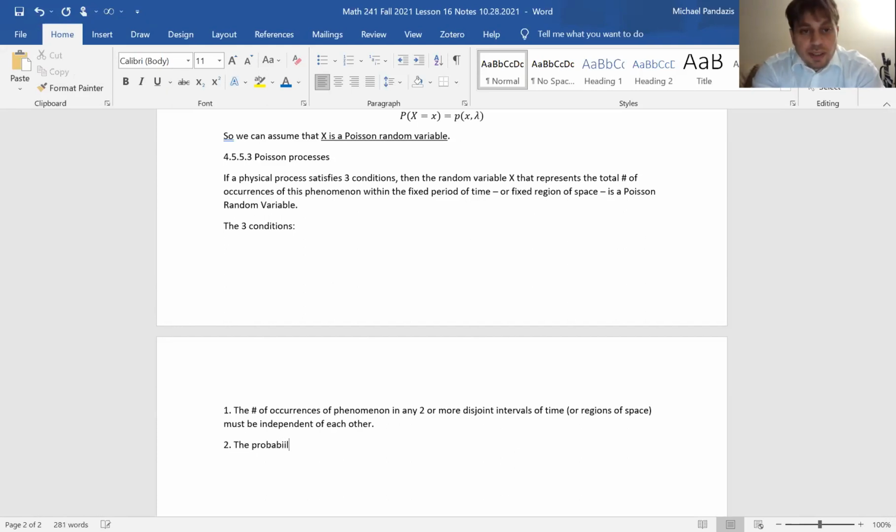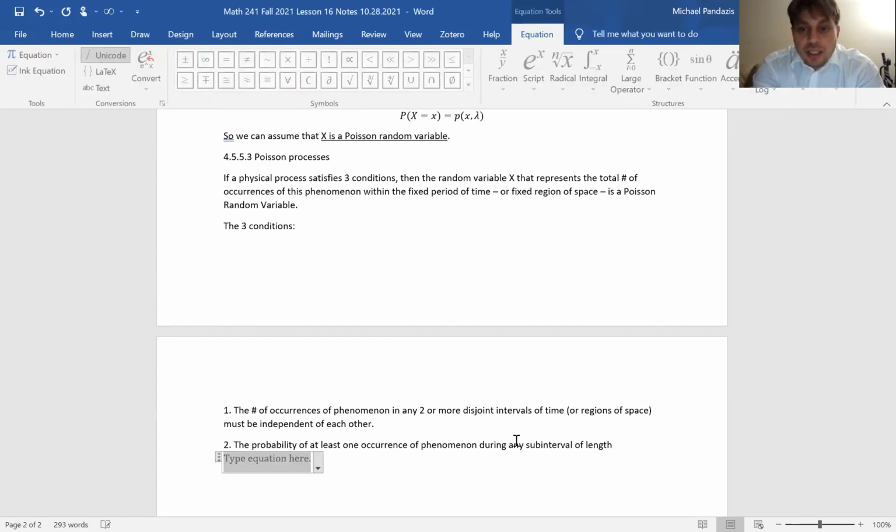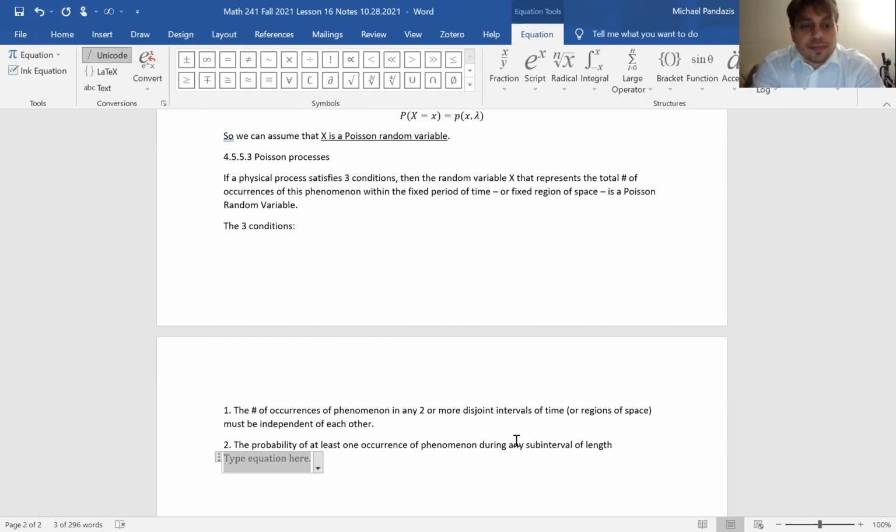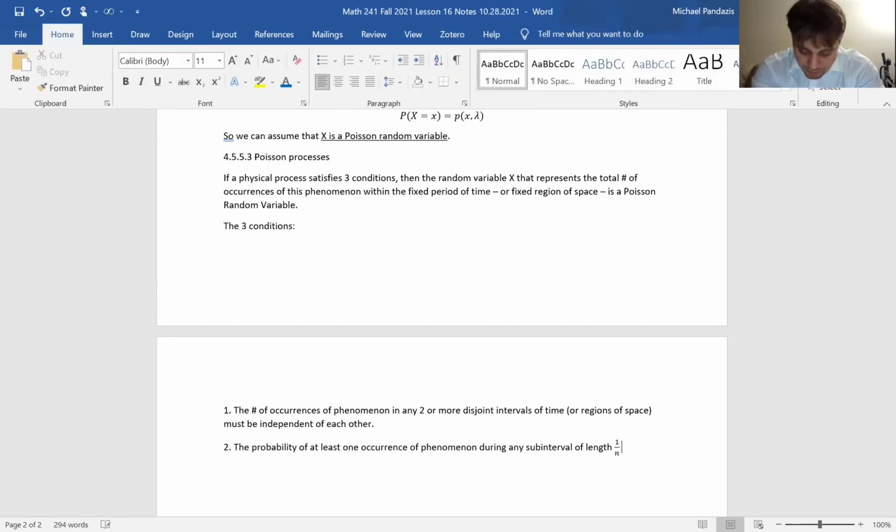Second condition. The probability of at least one occurrence of the phenomenon during any subinterval of length 1 over n is always the same.